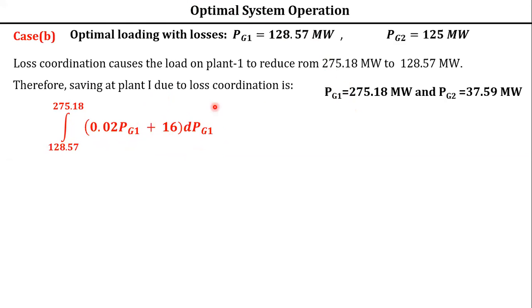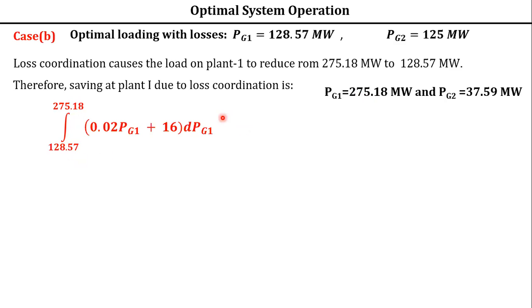So what are those cases? The first case is 128.57 to 275.18. That means the lower limit is when the losses are coordinated, and the upper limit, 275.18, is when the losses are not coordinated. These are the limits.